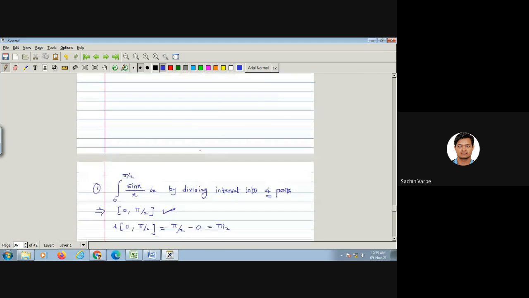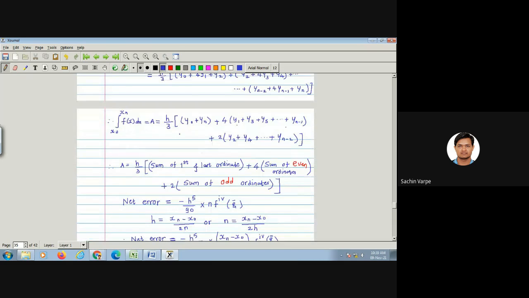Okay, see here. The formula is h by 3 times the sum of the first and last ordinate, right? First ordinate is y naught and last ordinate is yn. Here in this case, the last ordinate is y4. Plus 4 times the sum of even ordinates. The ordinates at even places, like this is on second place, this is on fourth place, this is on sixth place, like this.